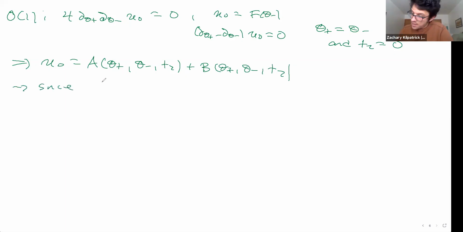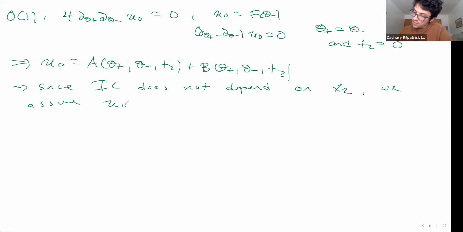Essentially, since the initial condition does not depend on x2, we will assume u0 does not either. We don't have to inherit dependence on that variable, and so we can exclude it in order to have fewer variables to deal with.